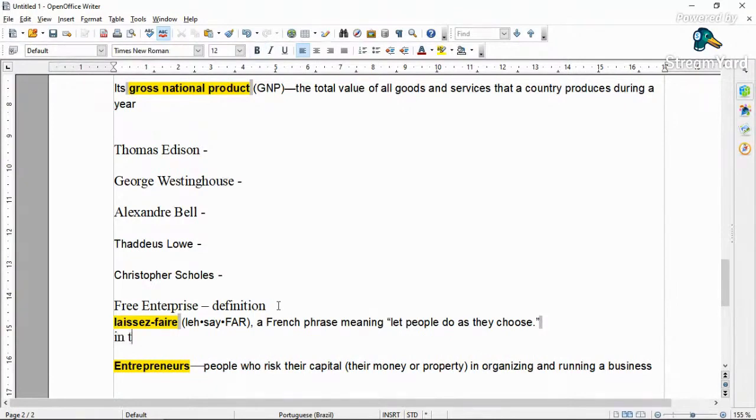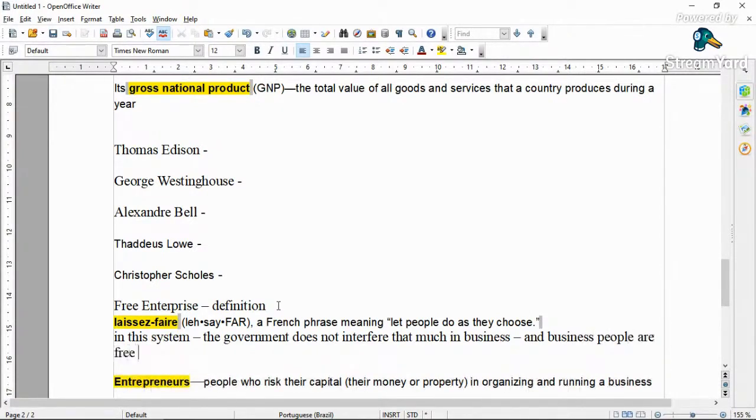in this system, the government does not interfere that much in business. And business people are free to make all the money they want.